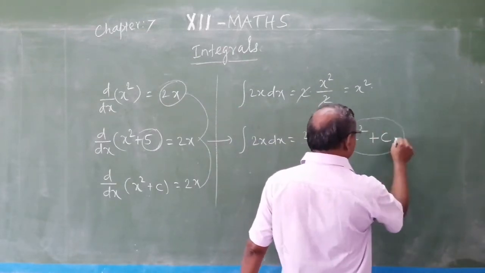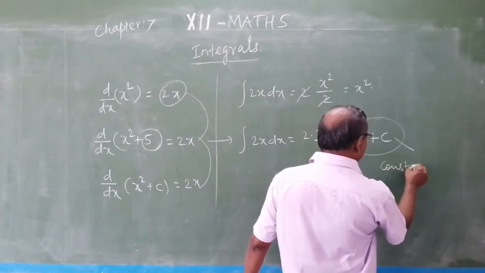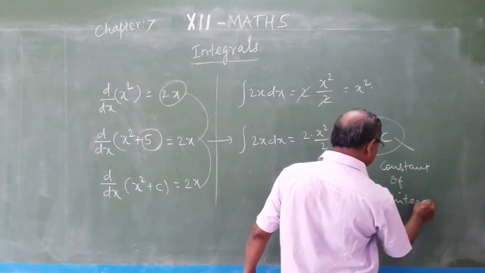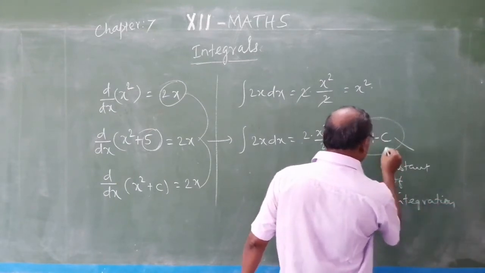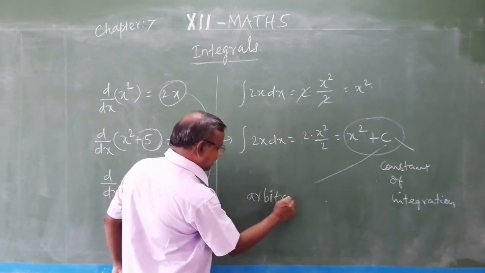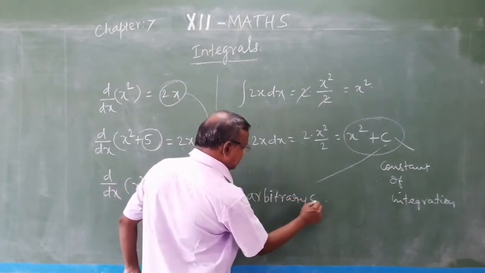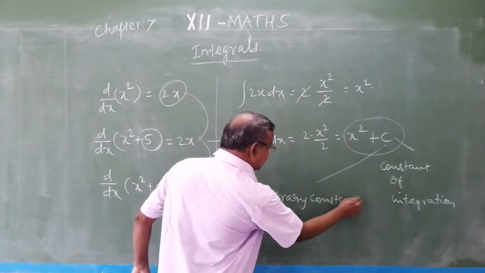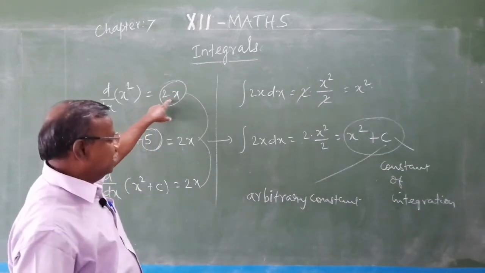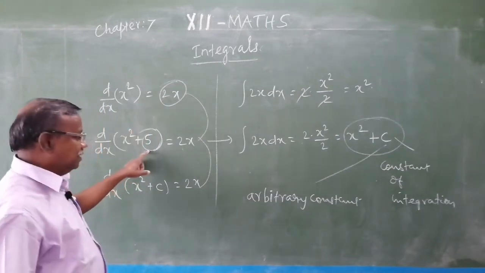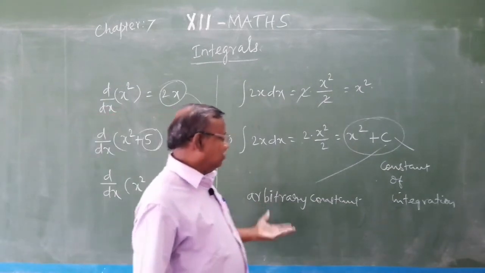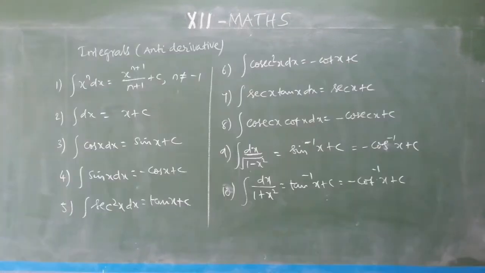This is called the constant of integration, and this constant is known as the arbitrary constant. That means that the constant can take any value. In this case the c value is 0, but in this case it is 5. It can take any value, we do not know. So, it is any numerical value or some constant purely.